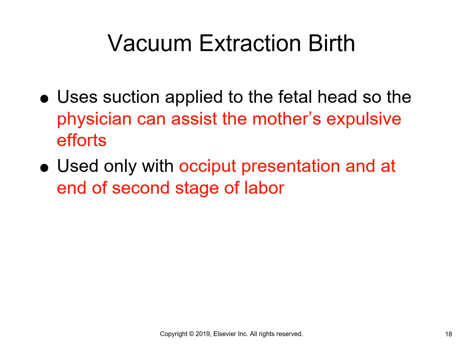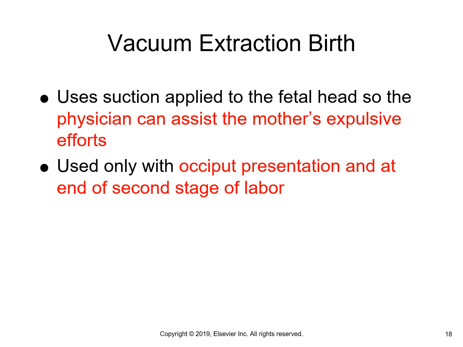Vacuum extraction birth. Again, page 188, looking at figure 8.3, you can see in the picture the use of the vacuum extractor to rotate the fetal head and assist with delivery.